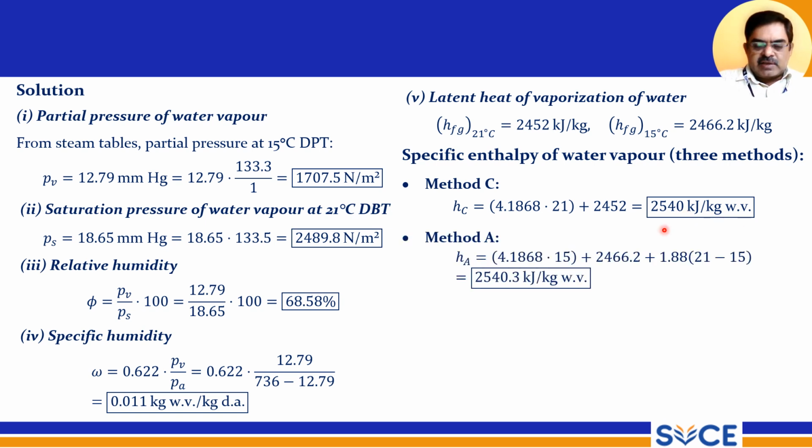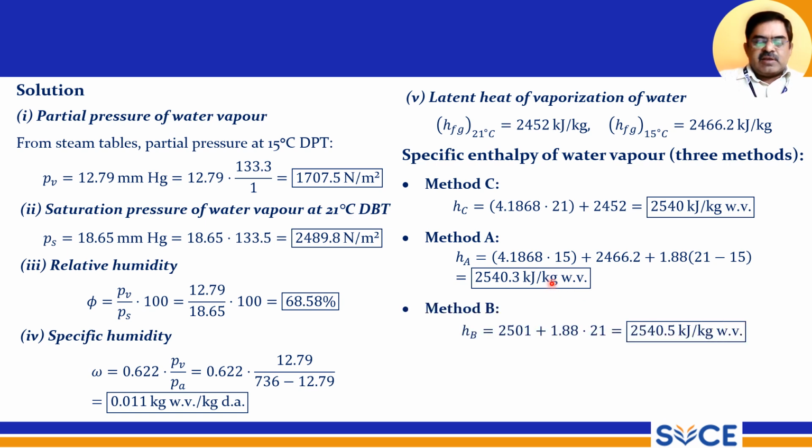And method A, HA is equal to 4.1868 into 15 plus 2466.2 plus 1.88 into 21 minus 15, that is equal to 2540.3. So it is almost the same.